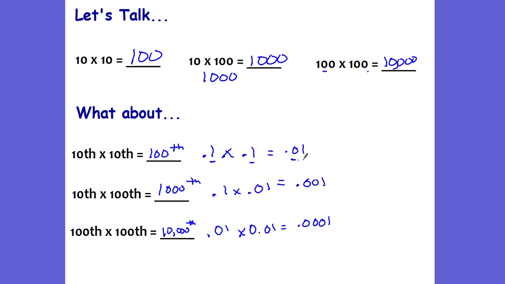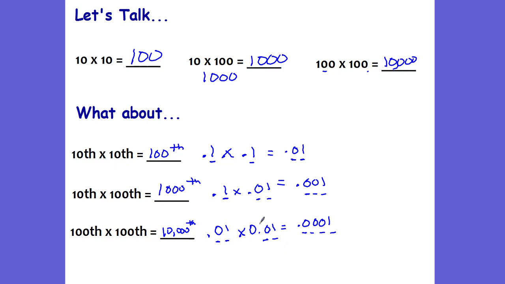And in our answer, we ended up with 2 decimal place values. When we multiplied the tenth times the hundredth, there was 1 decimal place and 2, for a total of 3 decimal place values, and our answer had 3 decimal place values. Then when we did 100th times another 100th, we had 4 decimal place values. And in our answer, we also had 4.